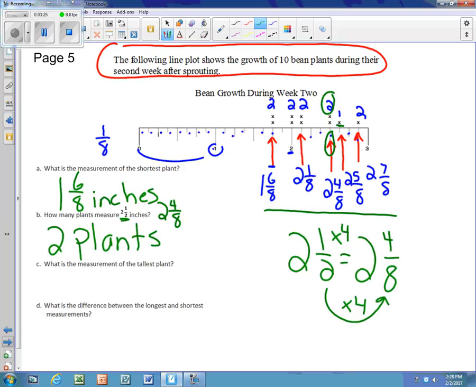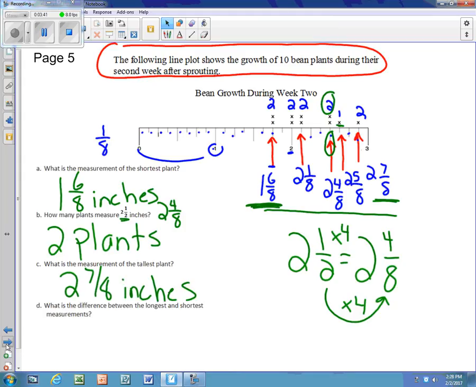The next question asks, what's the measurement of the tallest plant? Well, if this was the shortest down here, the tallest is down here, and that's 2 and 7/8 inches. Next, it says, what's the difference between the longest and the shortest measurements?